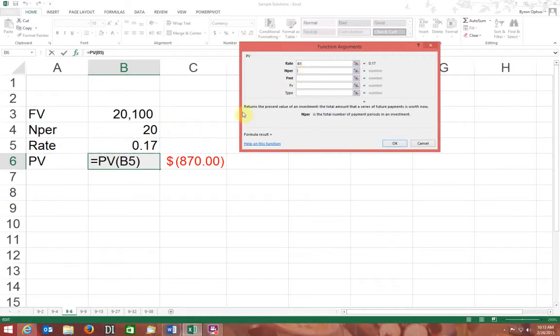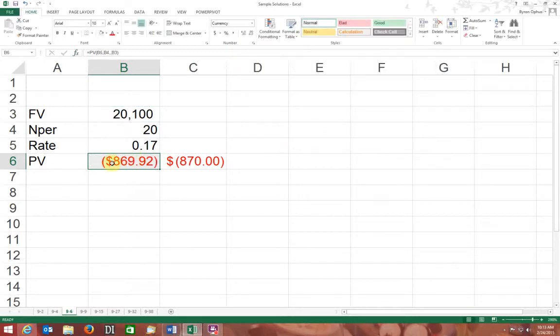My number of periods is 20. And my future value is 20,100. It's the end of the period, so I can leave my type at 0. Click OK. So this 20,100 is worth $869.92. Boy, they made it nice and close, didn't they?